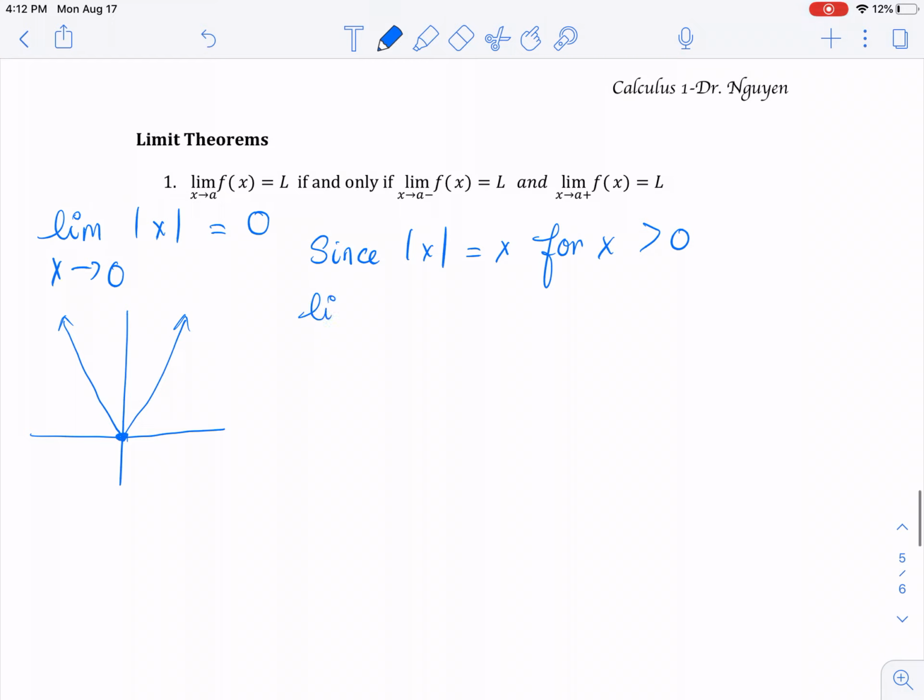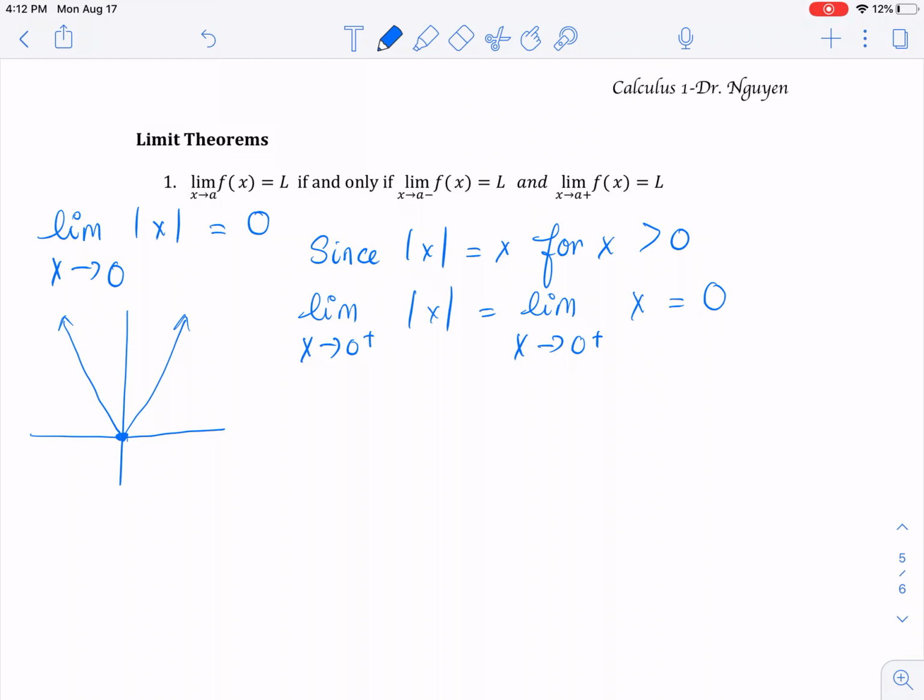Then the limit of the function as x approaches 0 from the right is going to be the limit as x approaches 0 from the right of x. So it's 0.